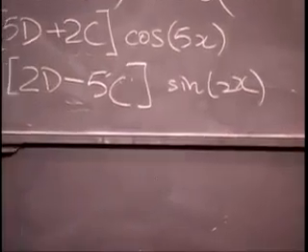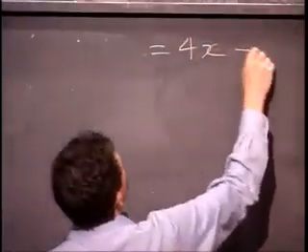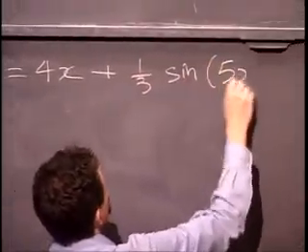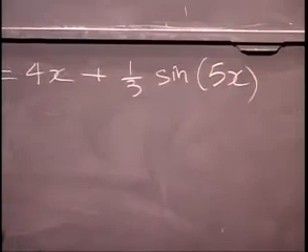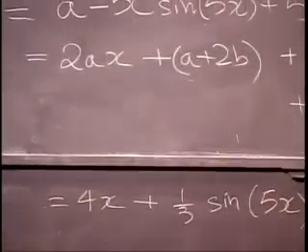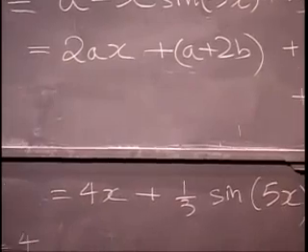And this is supposed to be equal to the right-hand side of the original equation, 4x plus 1/3 sine 5x. Well, how are we going to make this so? The 4 here has to match the 2a over there. So we'll have 2a equals 4.